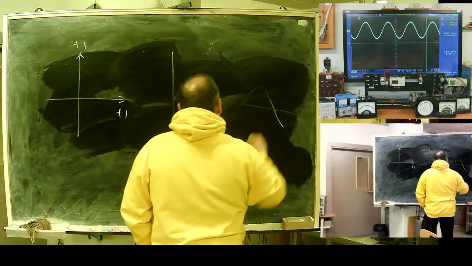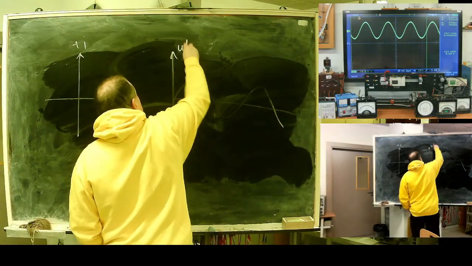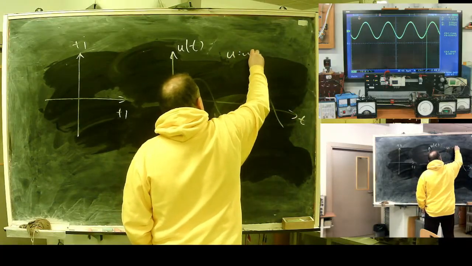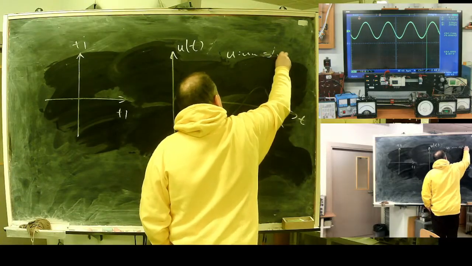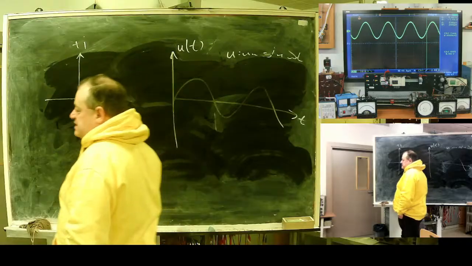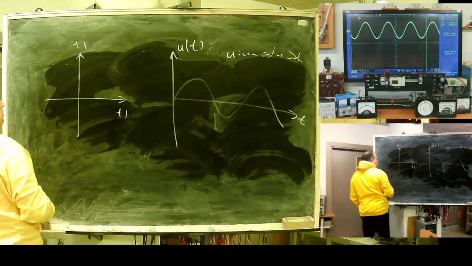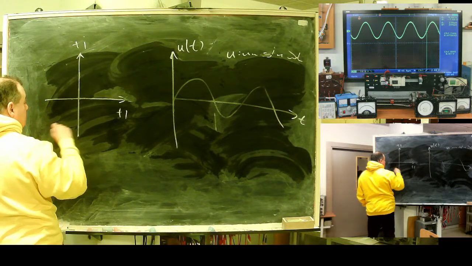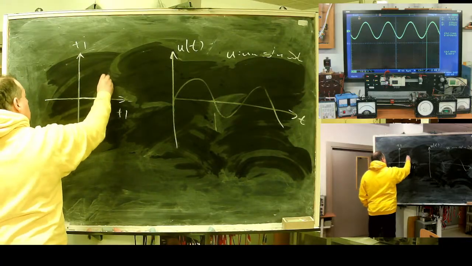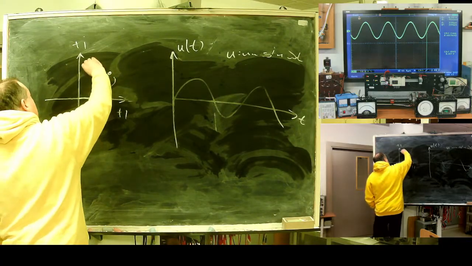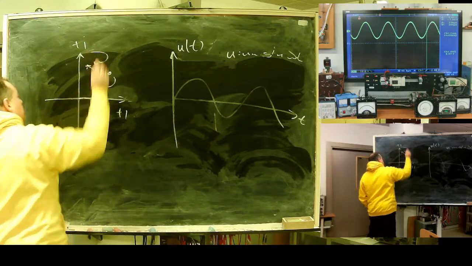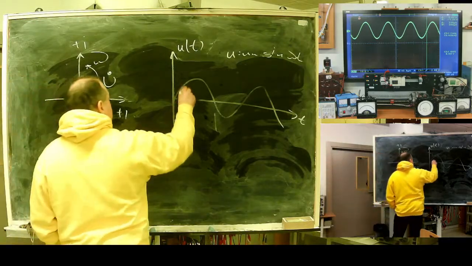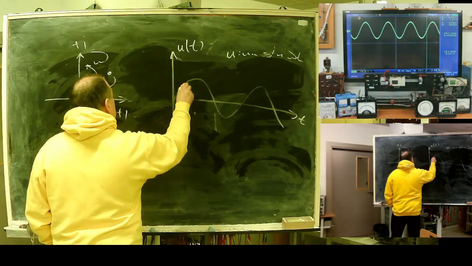That the real, let's say, voltage sine omega t can be represented as a projection of a phasor rotating with frequency omega. I don't know, let's say T1.